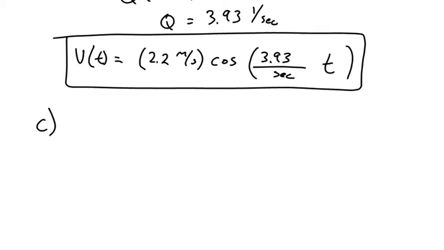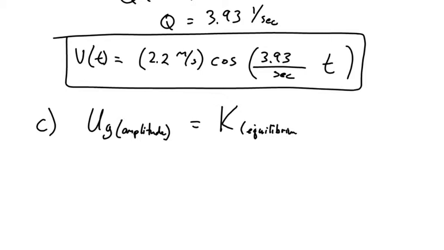we're going to say that our gravitational potential energy at the amplitude position is equal to the kinetic energy at equilibrium. And so this will be equal to mg delta y, and this side will be equal to 1/2 mv squared.